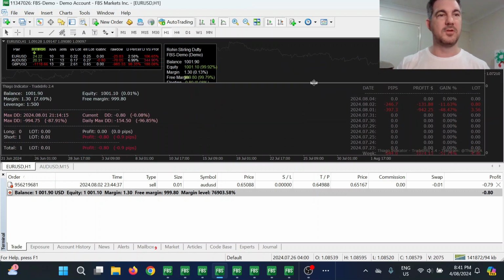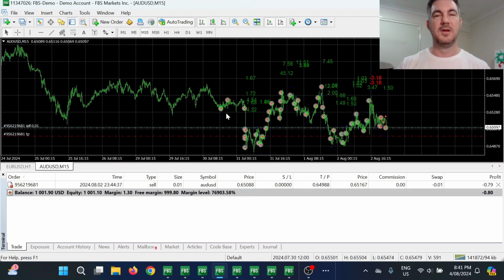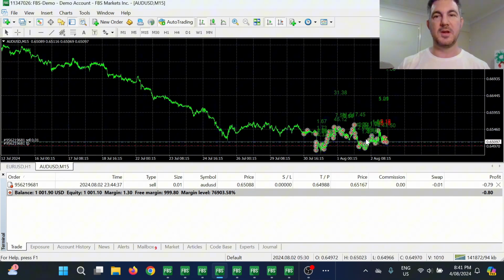It was just no good. GU was the one that it blew up on, and EU was okay, but GU was the culprit. So I'm only going to put it on one pair, AUD USD, because it just seems to be going up and down. We'll see what happens next week.